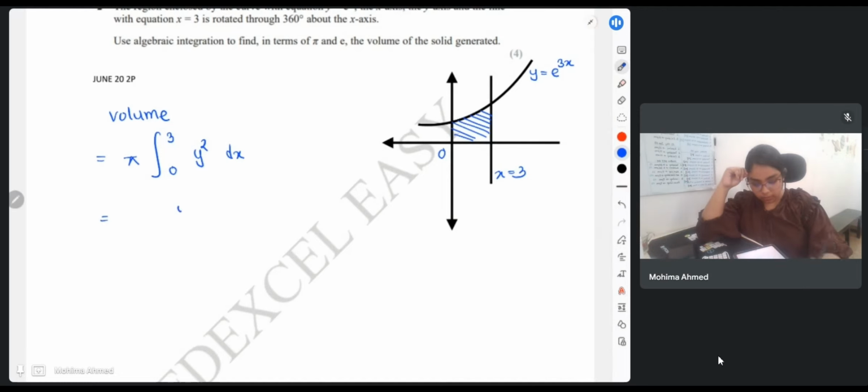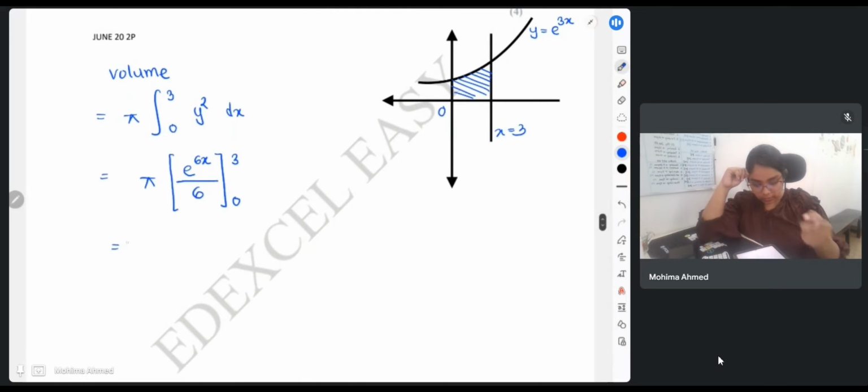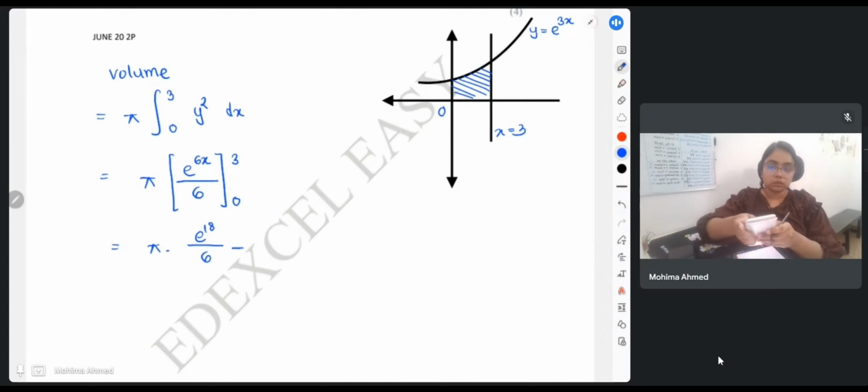So it's going to be e power 6x divided by 6, and the boundaries over here are 3 and 0, multiplied with pi, which is 3 into 6 is 18. So now you have pi times e power 18 by 6, and then e power 0 is what? Just 1.